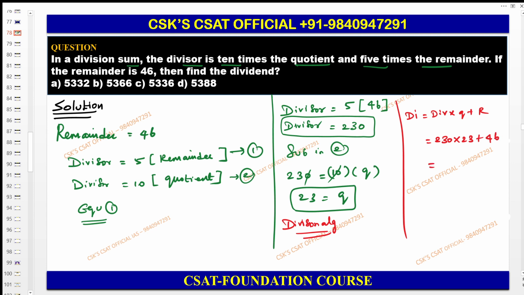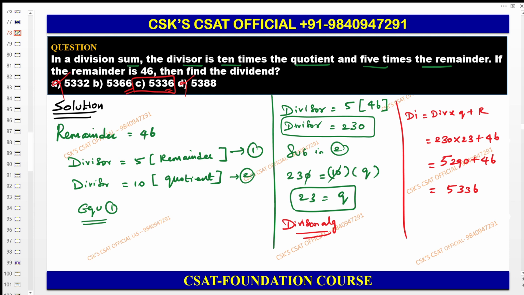Now you can multiply this. 23 squared is 529, so put a 0, then add 46. Looking at the options, the unit place contains 6, so we can eliminate A and D. Elimination you can apply, or else you can add simply to get 5336. So the answer for this question is option C.